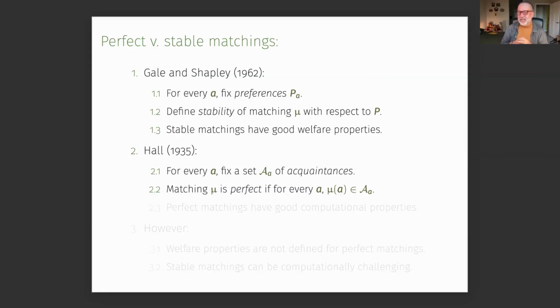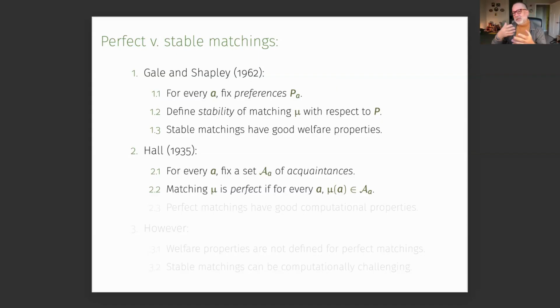So the acquaintances of agent I are the set A sub I. And the idea is that these people are the only people with whom agent A can be matched. And they say that a matching is perfect with respect to the profile of these acquaintances if every individual is matched with one of their acquaintances.